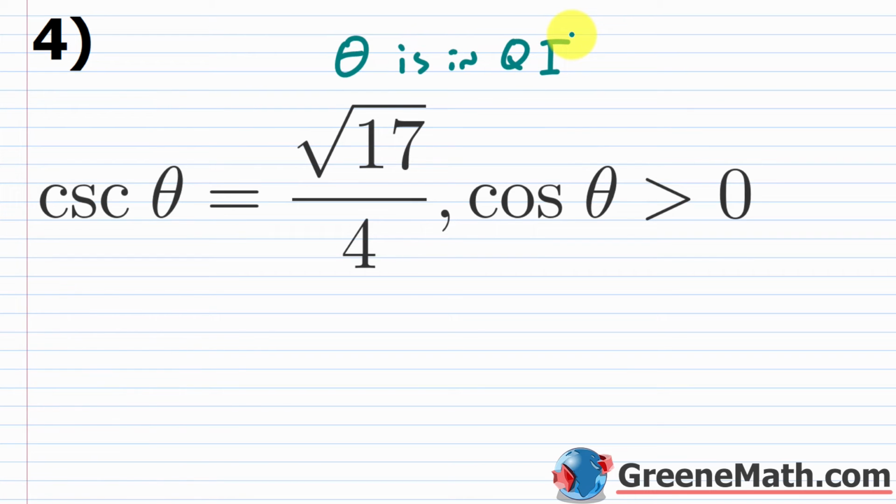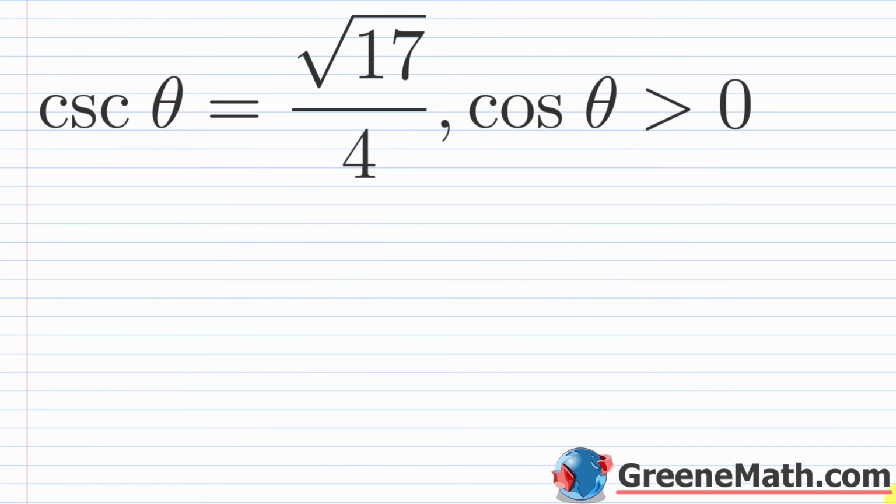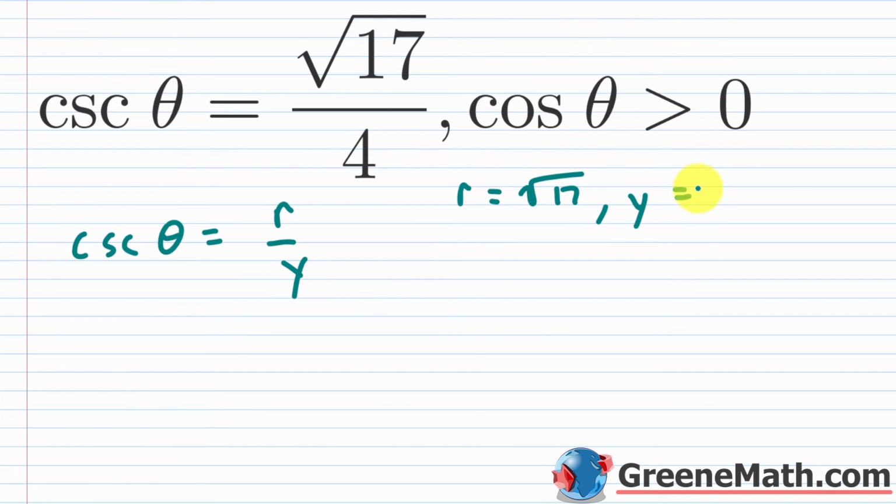Now that we know that, the x values are positive and so are the y values. So for the cosecant of theta, this is going to be r over y. That tells me that r is equal to the square root of 17 and that y is equal to 4. So I just need to figure out what x is.